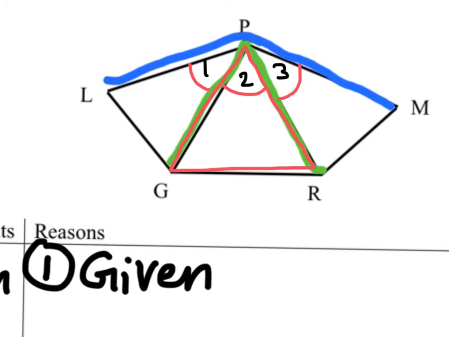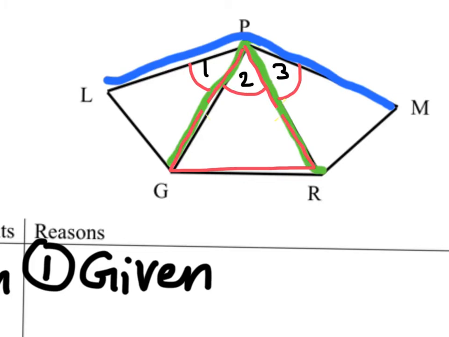What's the definition of isosceles? Two sides are going to be congruent. So those yellow marks are what I'm trying to get. I'm not quite there yet, so I'm going to erase those. But I'm trying to get those two sides congruent. That's the goal here. Once I have those sides congruent, and I'm going to get them congruent using CPCTC, then I can say that the triangle is isosceles because it has two congruent sides.